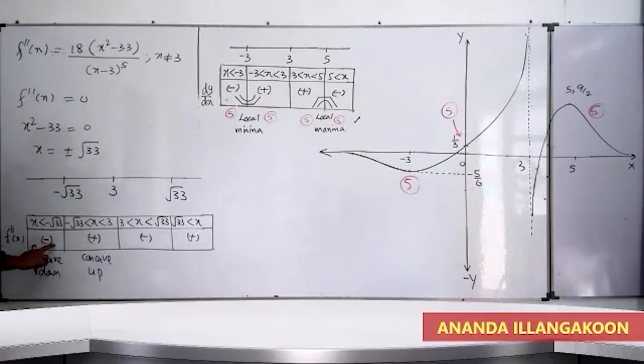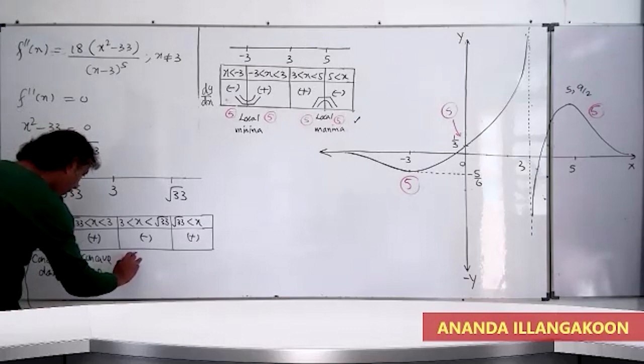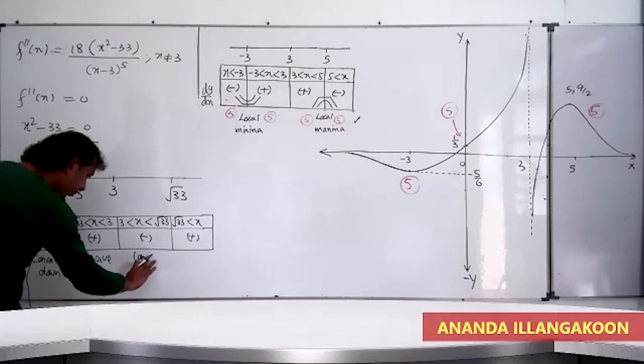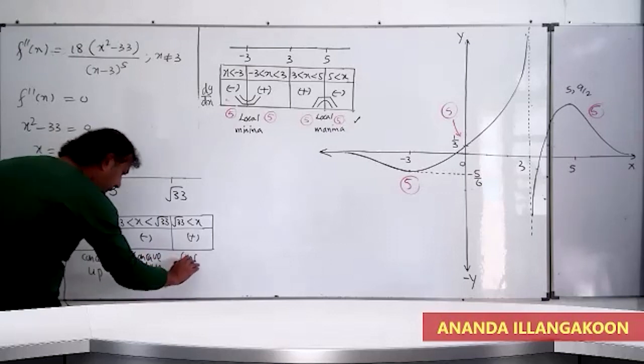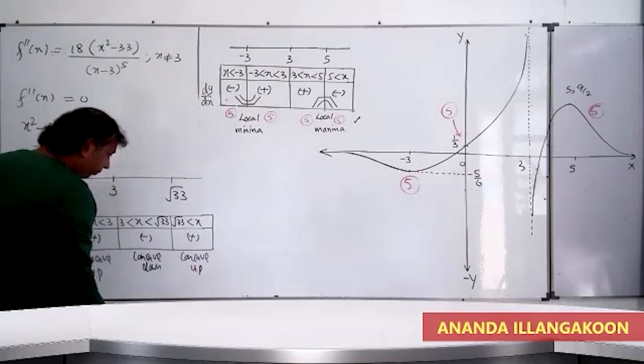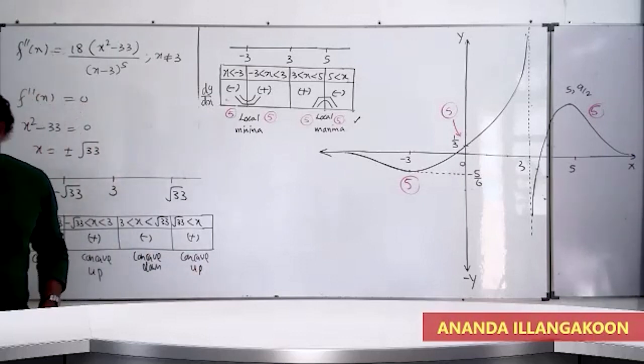Right. So then there is what? At minus root 33, before that concave down, concave up on the right of that. Since the second derivative sign changes on either side of minus root 33, there's a point of inflection here. Here concave down. This is concave up. Right?